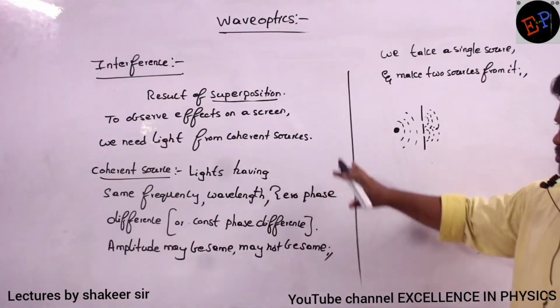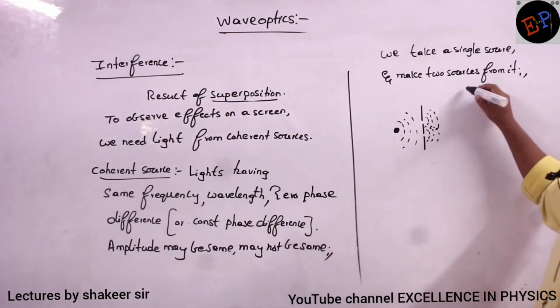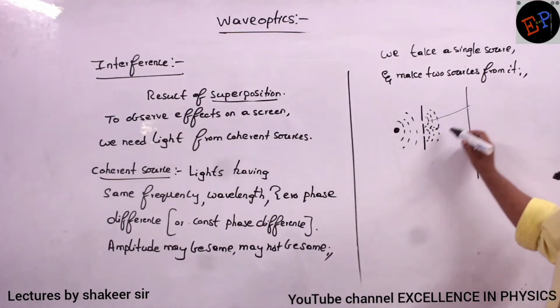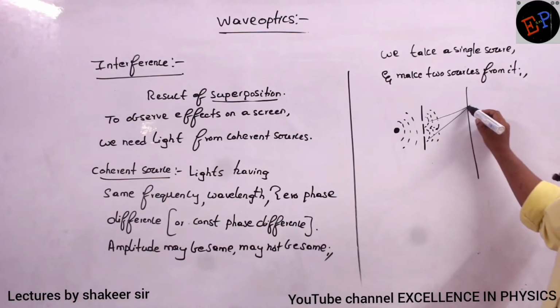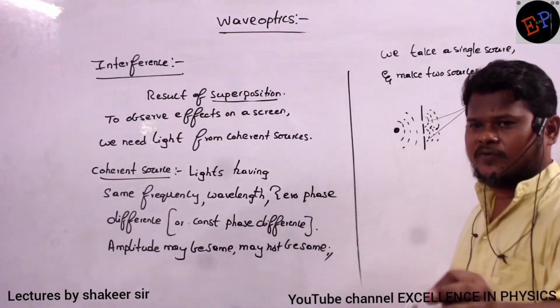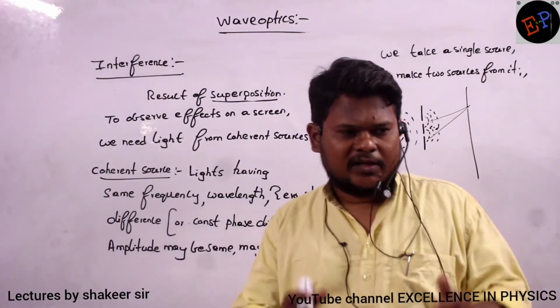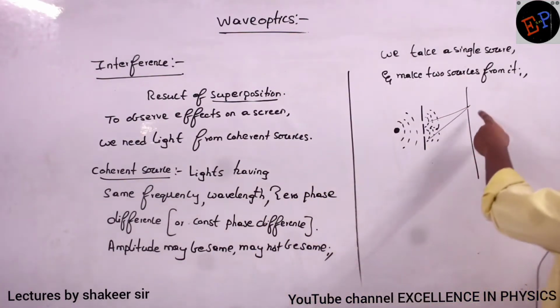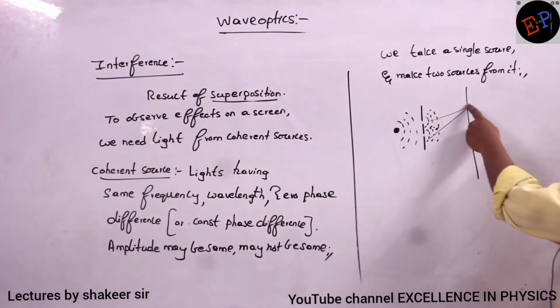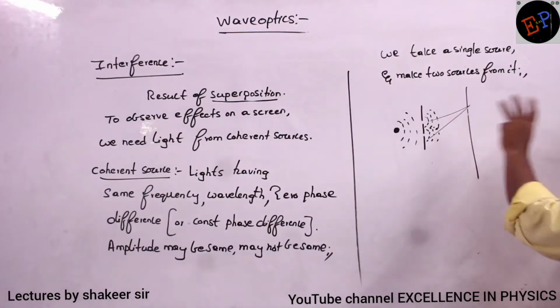And once I take coherent sources of light, so for example, you take a screen. Okay, ma? So the light from this wave and light from this wave, if they meet here, always they will meet with same constant phase difference. ఈ రెండు సోర్సెస్ నుంచి వెళ్ళిన లైట్ ఇక్కడ మీట్ అయింది అనుకోండి, then whatever amplitude is, whatever phase difference is present between these two, that is always maintained constant.